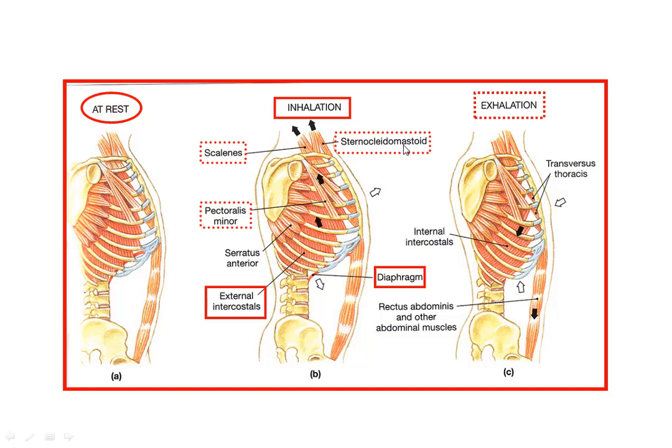The exhalation at rest is a passive process. We do not require muscles to contract. All that happens is that the muscles of inspiration relax, but when expiration becomes labored and forced, we need contraction of the muscles of the anterior abdominal wall and the internal intercostal muscles.